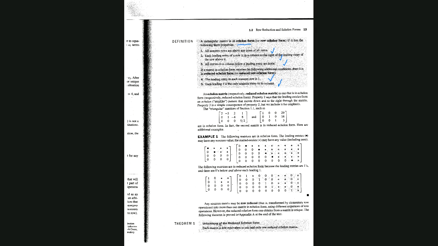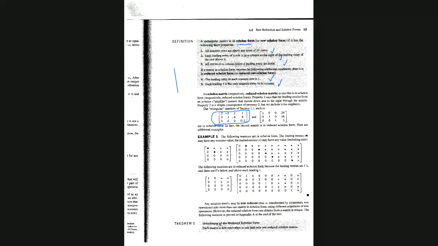Actually look here, a little bit below. Okay, this first matrix here is in echelon form. Now why?